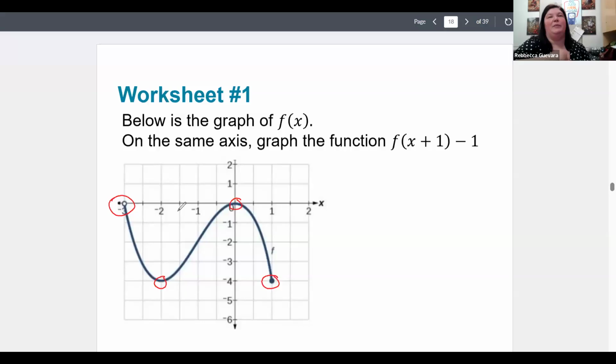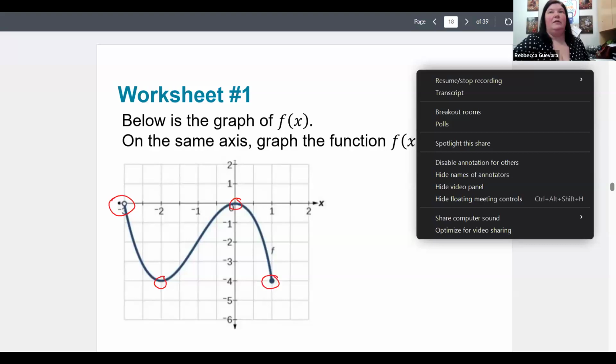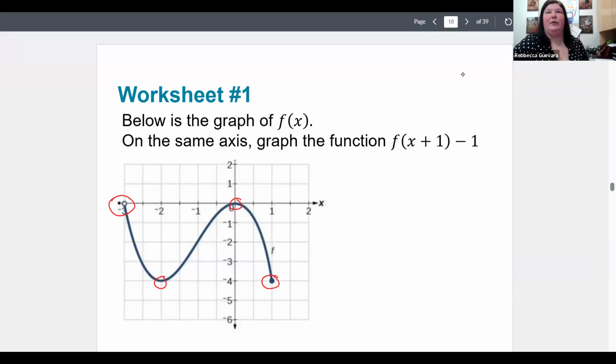So we want to transform this. Now we get our new function, f of x plus 1 inside the parentheses and then minus 1 outside the parentheses. Okay, so we see here that, got a tool in my way, this little component here is going to cause us to shift.